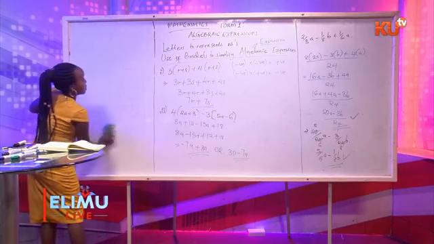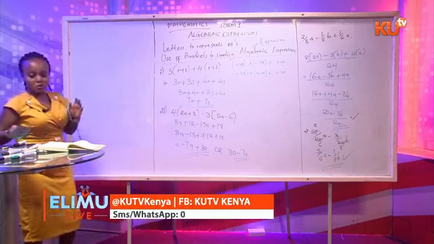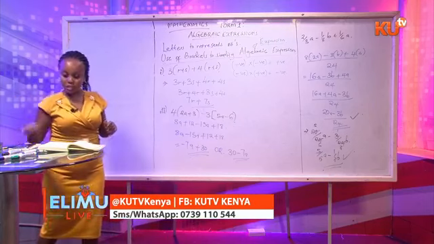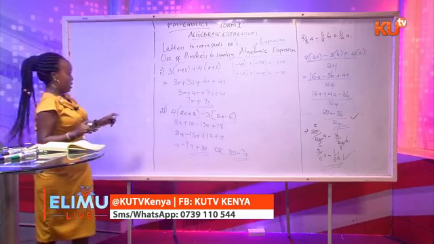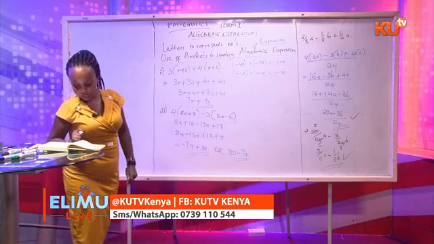Our today's topic was algebraic expressions, and it's a Form 1 topic whereby we use letters to represent certain statements or certain numbers. So let us look at our third example, how we use brackets to simplify algebraic expressions.